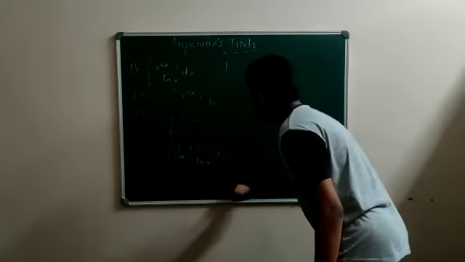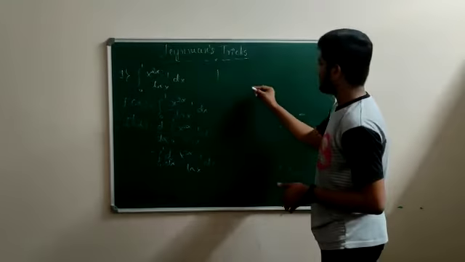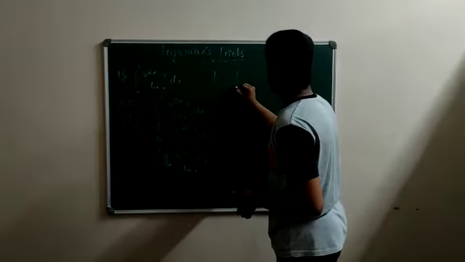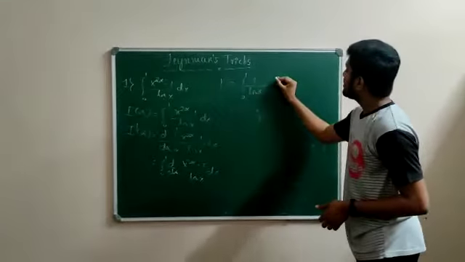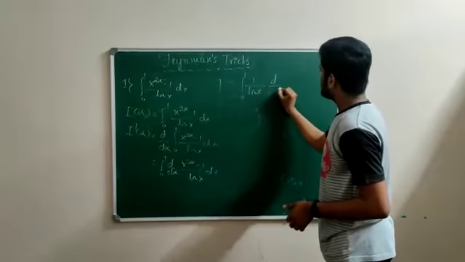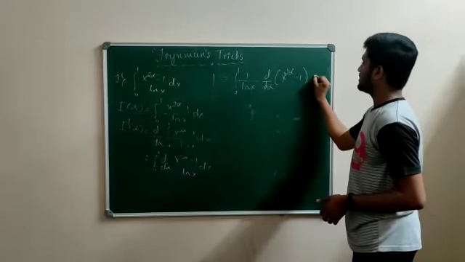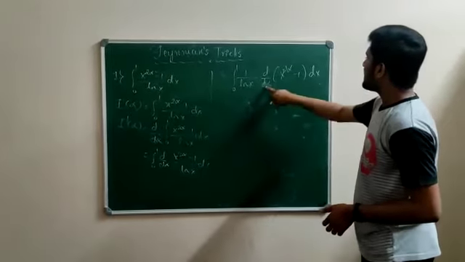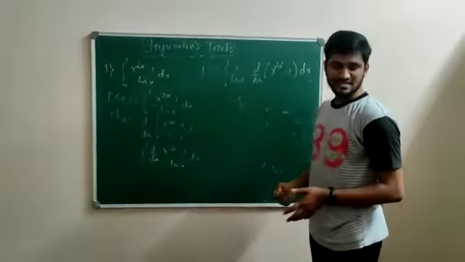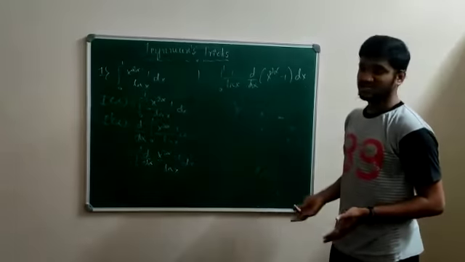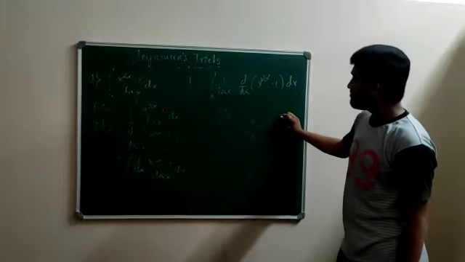The next step is to differentiate the function which contains alpha as a variable. Here, ln x is a constant and alpha is a variable. So d by d alpha of (x to the power 2 alpha minus 1) dx. Since x is constant and alpha is variable, we know the formula that d by d alpha of a power alpha is equal to a power alpha into log a.